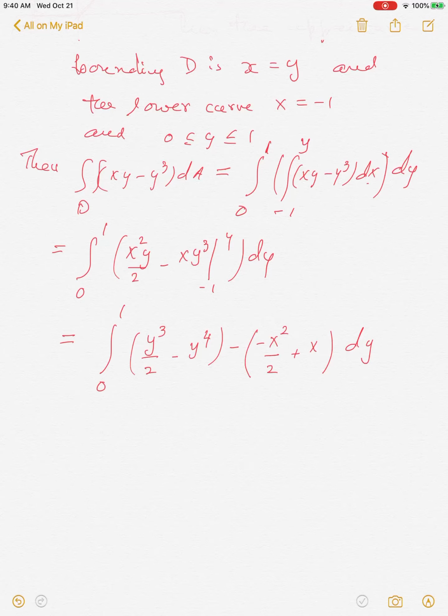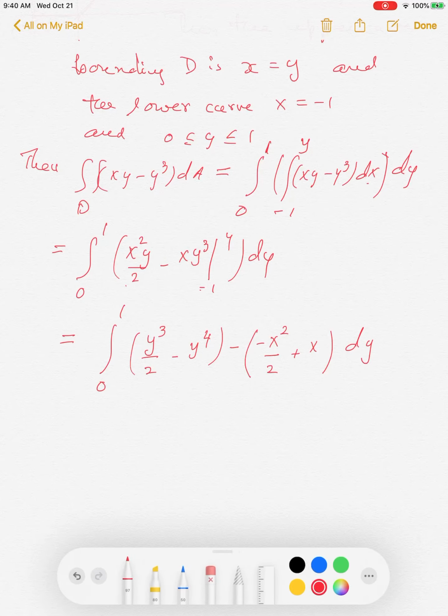Sorry, I made a mistake, perhaps. I'm taking this term, evaluating it at y, and then I'm taking these terms and evaluating them at minus 1. That's my x equal to minus 1, so this will be y.